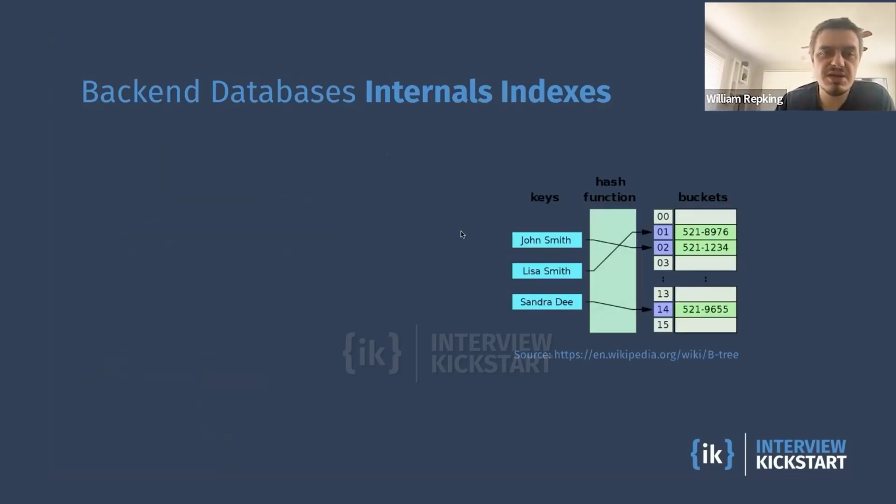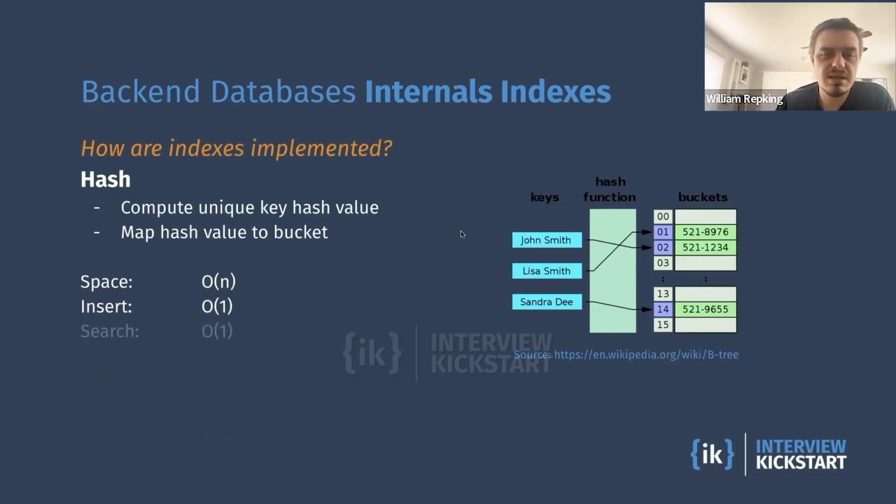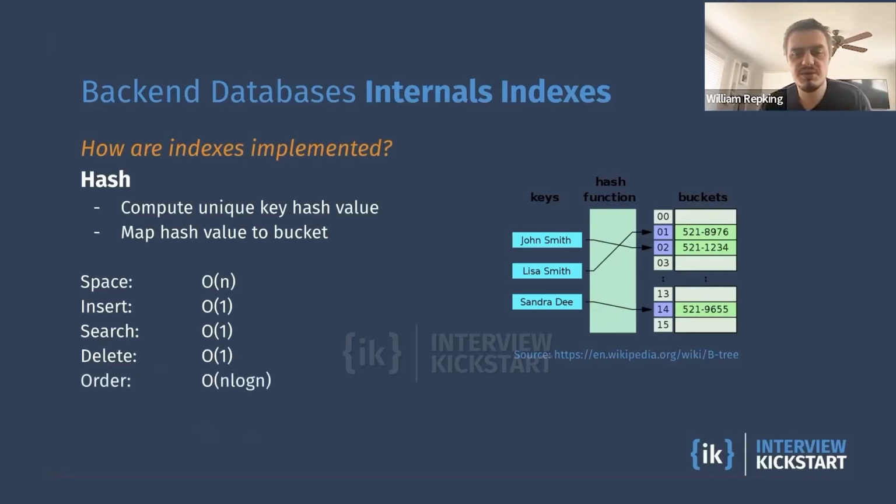But if you use a hash index instead, then you're going to be able to essentially compress the amount of data down to whatever the size of the hash value is. So for some types of data, that might be the only way that you can actually create an index, is to use the hash index, because it would be too costly to try to replicate that data. So that's potentially another benefit.